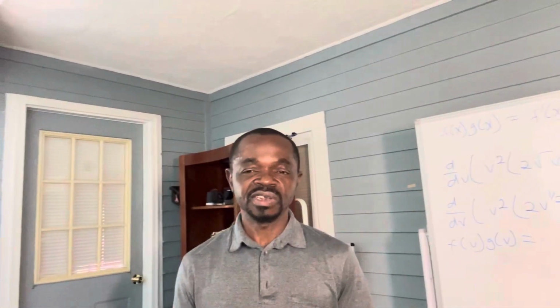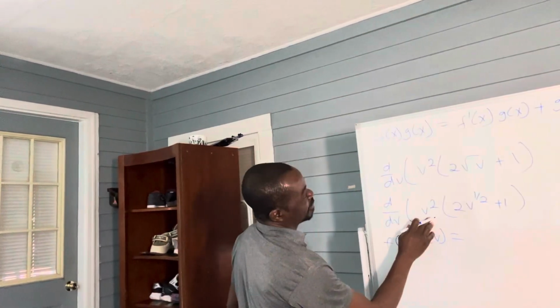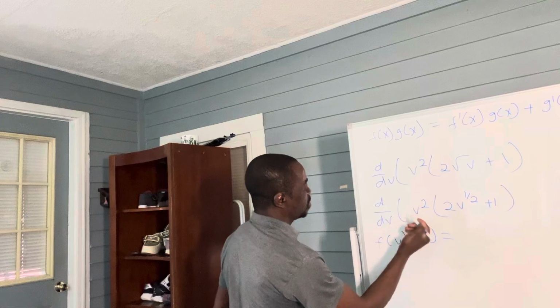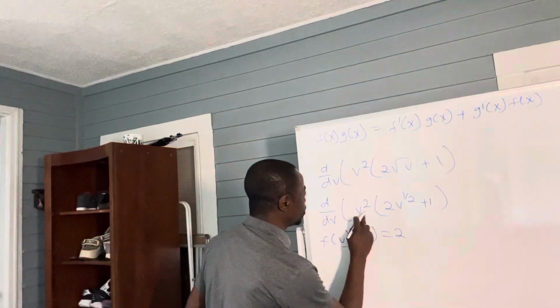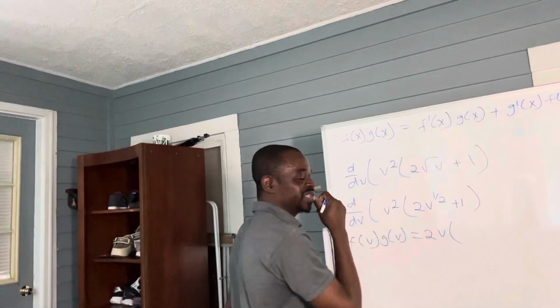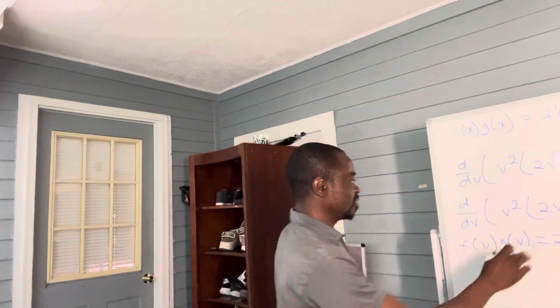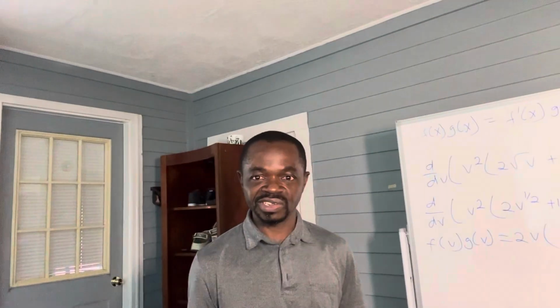If you remember the power rule, if you have anything raised to any power, you simply bring down the power, multiply by the coefficient, and then reduce the power by 1. So we're differentiating f of x. So bring down the power 2, then you multiply by v. Then the formula tells you we have to hold the second function as what? Constant. So this is constant, you don't differentiate it.